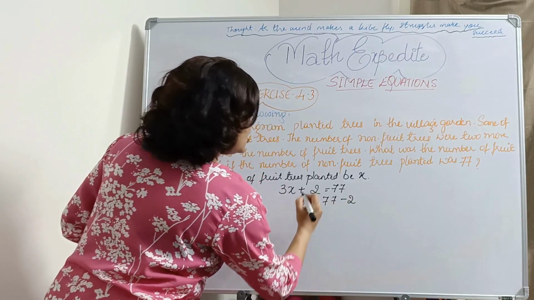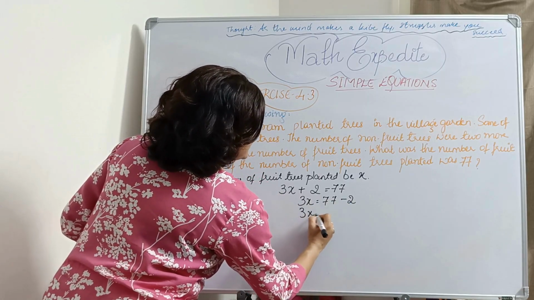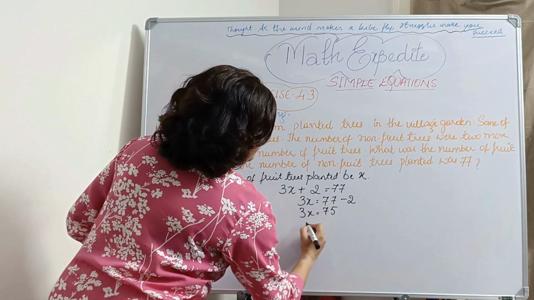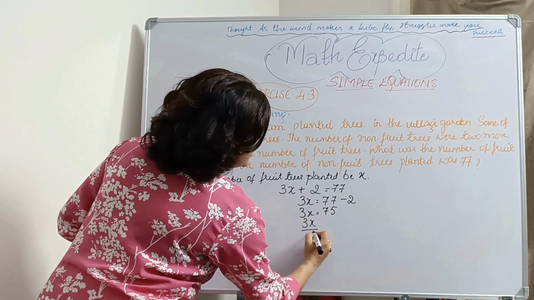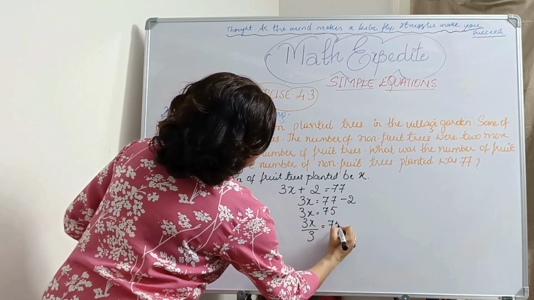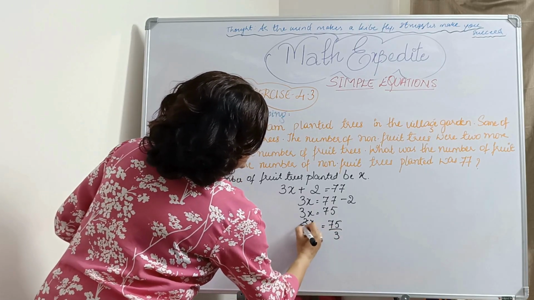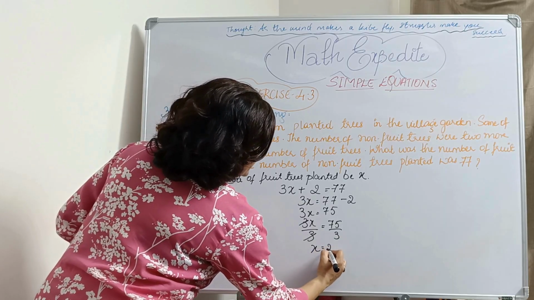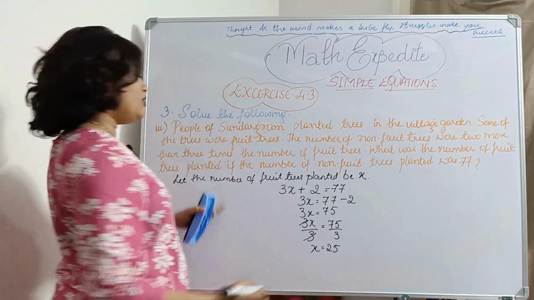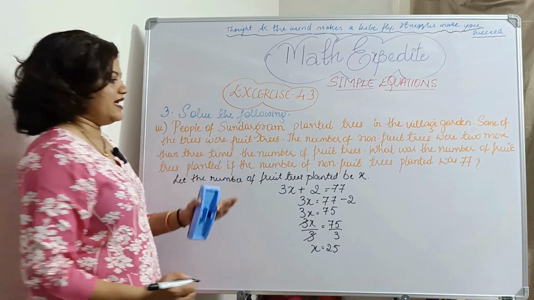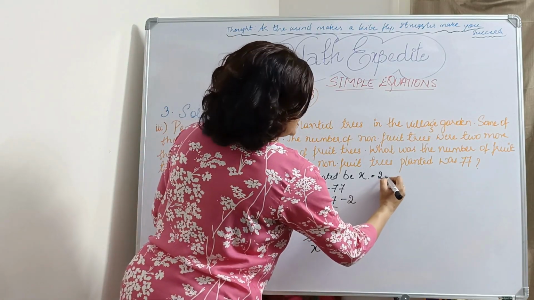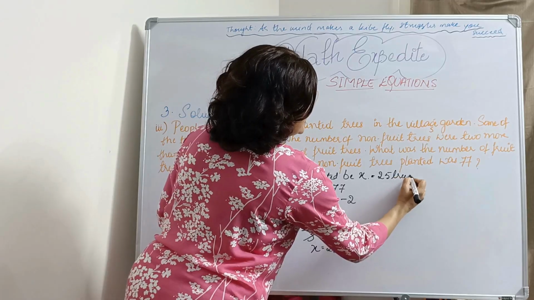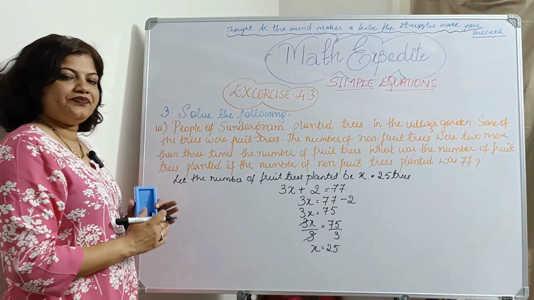I transposed 2. 3x is equal to 75. Now I will divide both the sides by 3. So 3 gets cancelled. x equals 25. So the number of fruit trees planted were 25 trees.